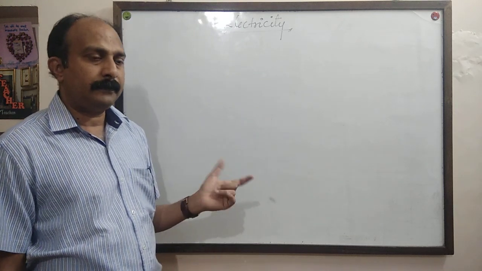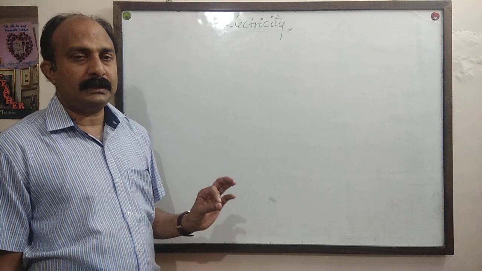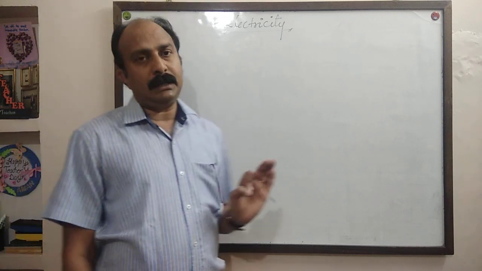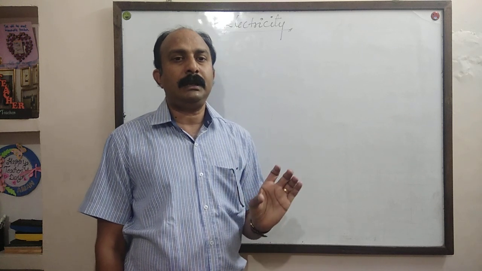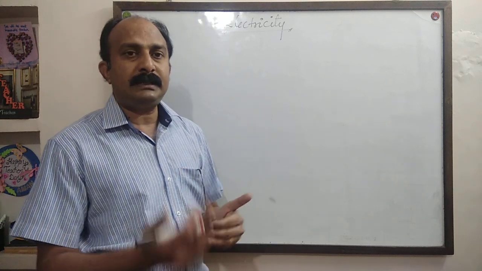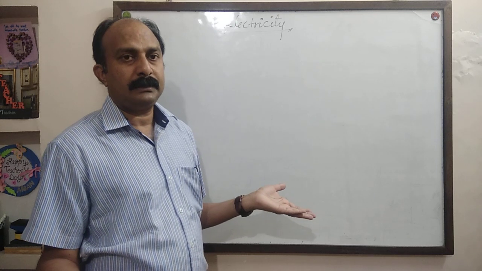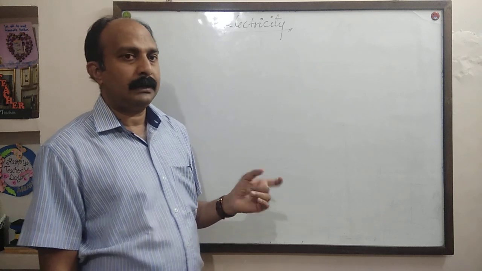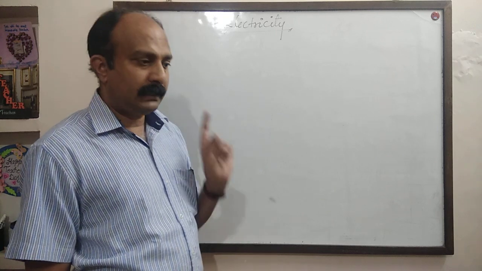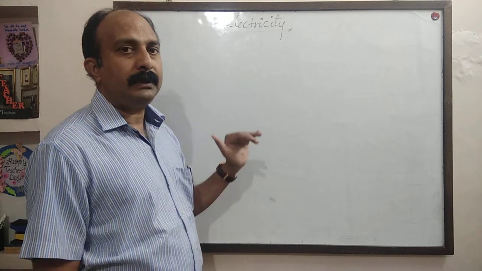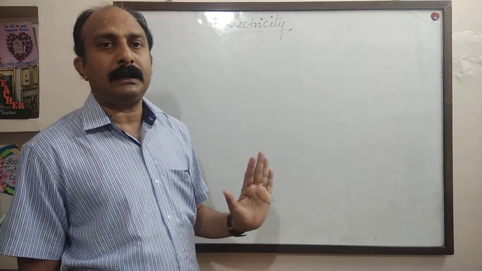That is one point. Now we are going to discuss, for the same material, for the same component, can the resistance change? Yes, it can. So we are going to discuss the factors upon which the resistance offered by a conductor depends.